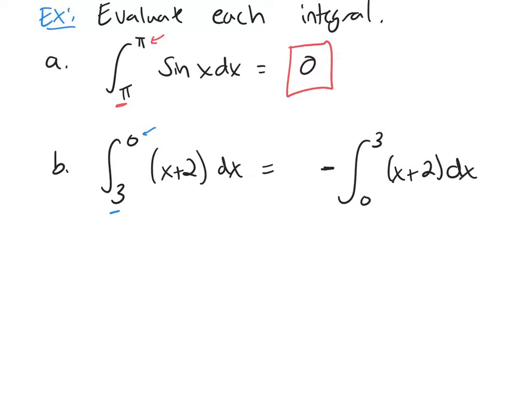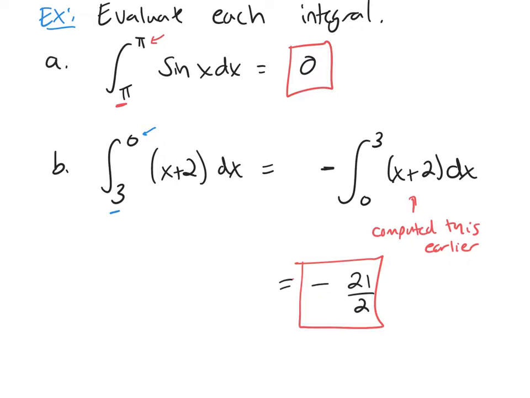And we actually computed this earlier. And what we got was 21 over 2 using area.